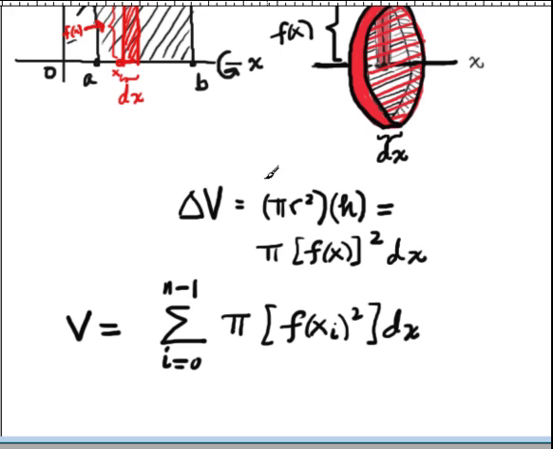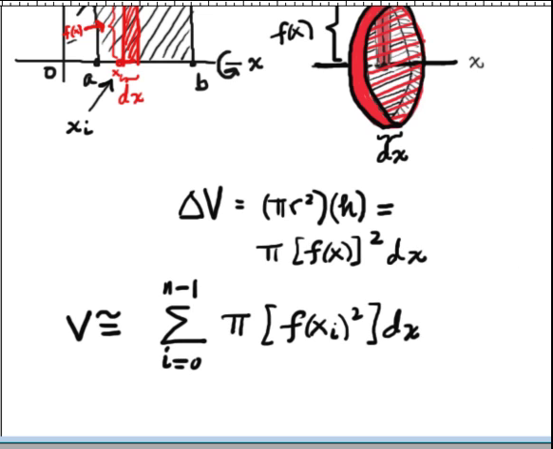And where is that x sub i exactly? You see this x over here? We can think of that as x sub i. If we have many of these along the interval between a and b, those are the x sub i's we're talking about. So the volume is approximately equal to the sum of these disks.